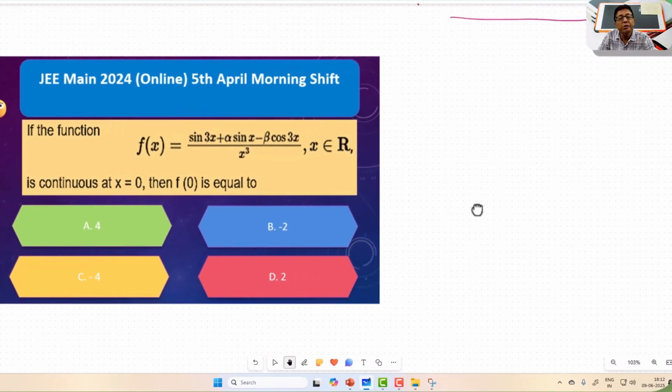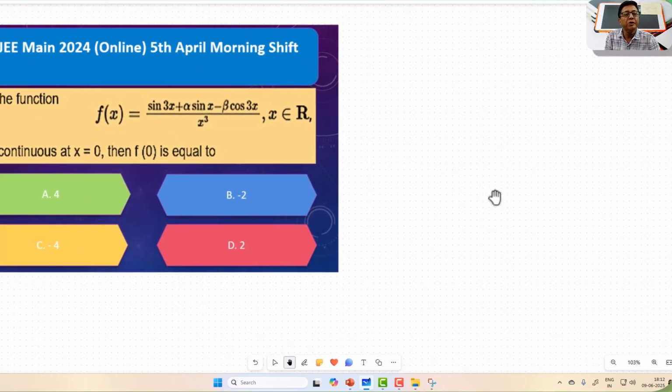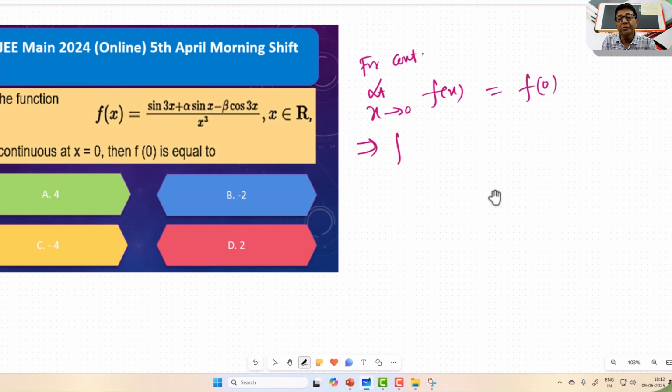Not given separately for less than 0, greater than 0. So what to do? We go by the condition of continuity. For continuity, we write limit x tending to 0 fx equal to f0. So f0 only is their requirement.